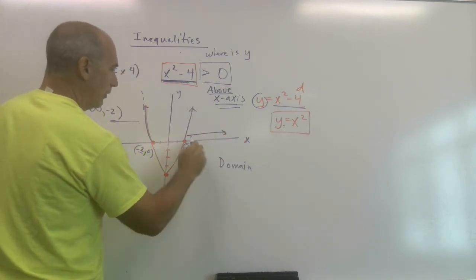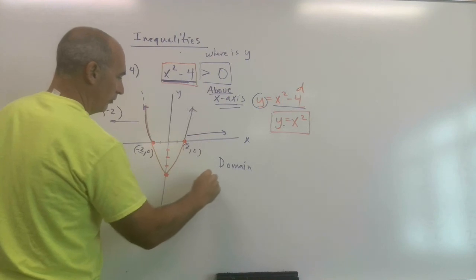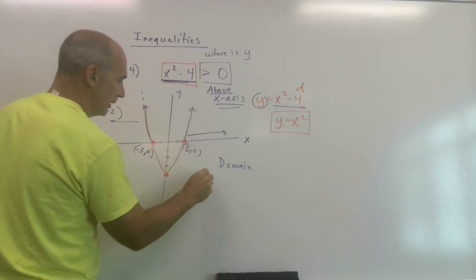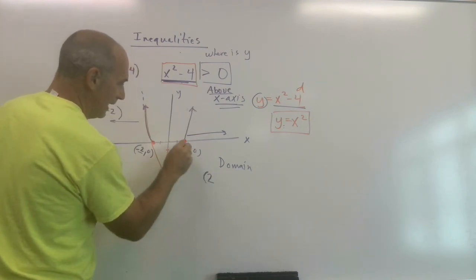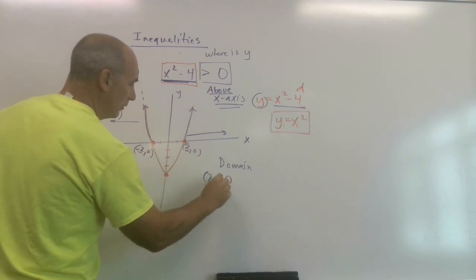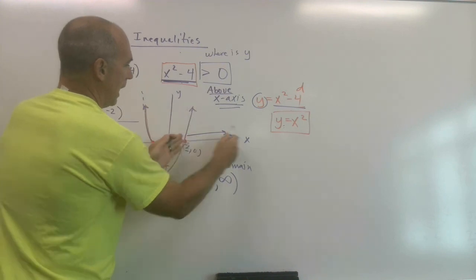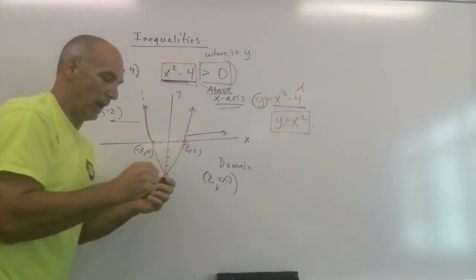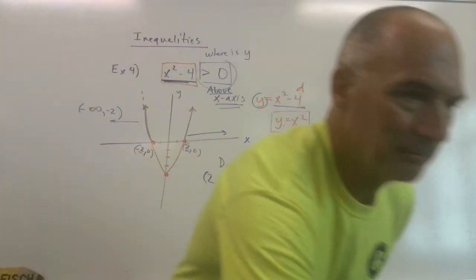So where is this graph above the x-axis? Well, it starts at 2. That's our left-hand boundary. It doesn't include it because that actually is not above the x-axis. It's on it. And then all the way to infinity is where this graph is above the x-axis.